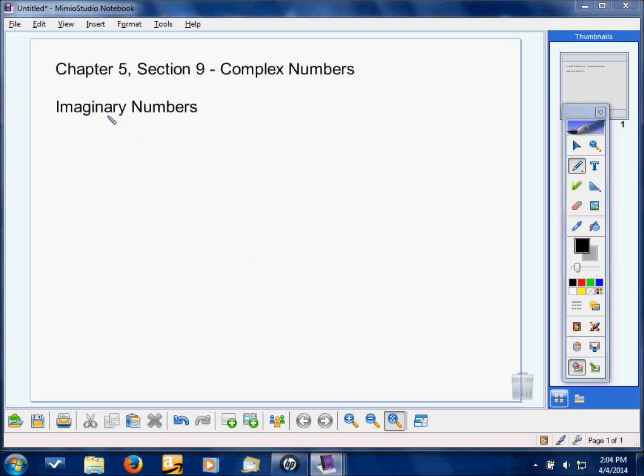An imaginary number is how we handle it when we have a square root of a negative. We can't actually evaluate a square root of a negative on your calculator. You'll get an error. Some of you are checking on that. It's good to make sure that I'm telling the truth.